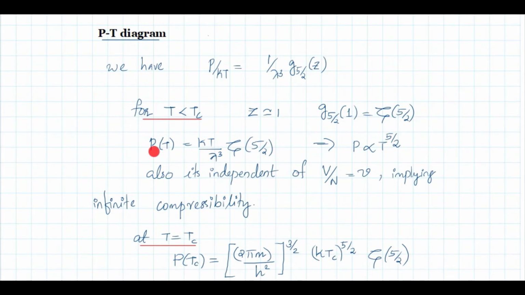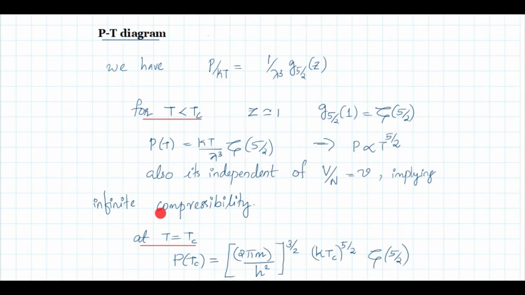So the important observations are: pressure below the critical temperature is proportional to T raised to 5 by 2, and the second one is pressure is independent of V by N or volume per particle. Pressure is independent of volume per particle. That means infinite compressibility. You can compress the gas to any extent. There is no limitation for volume per particle.